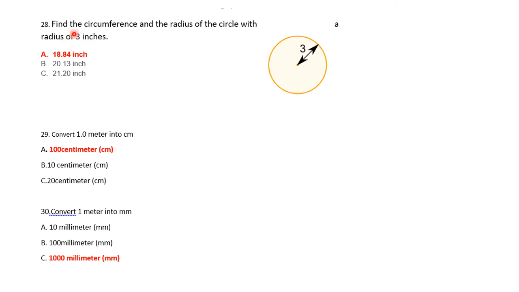Now here are some questions from mathematics. Find the circumference of the circle with radius 3. You know the formula 2 pi r. Through that you can calculate 18.84 inch. Convert 1 meter into centimeter: 100 centimeter. 1 meter into millimeter: 1000 millimeter.